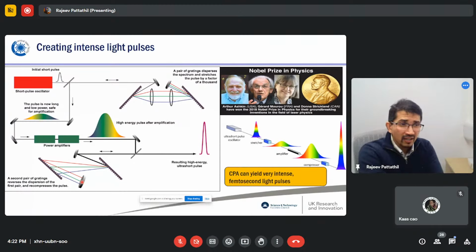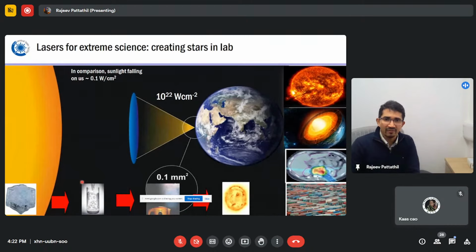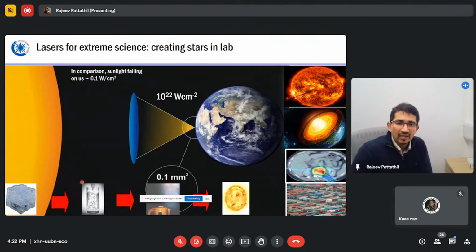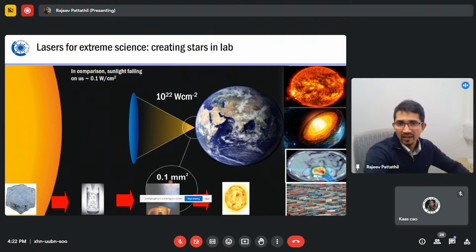It enabled the most intense lasers possible. Some of the lasers that we have, in fact 2 lasers that we have, are the most powerful lasers in the world. You can create extremely large intensities using these, as much as if you imagine a lens as big as Earth, and you focus all the sunlight that is falling on Earth onto the tip of a pin.